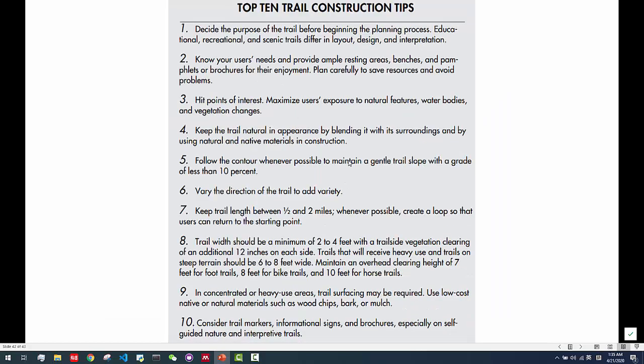Here are just some trail construction tips. The first one is not really a tip. It's just that everybody didn't think about this. It's pretty general. Numbers 2 and 3 are all really general.